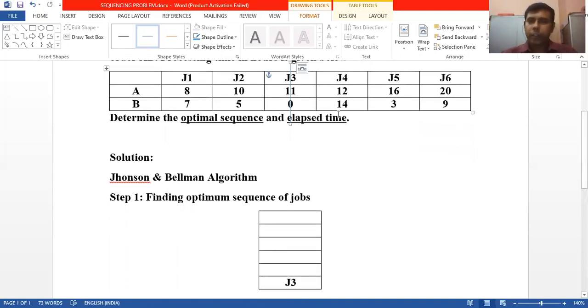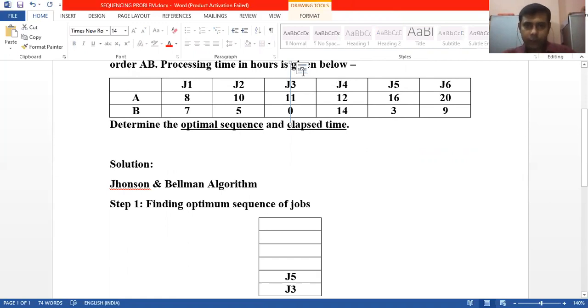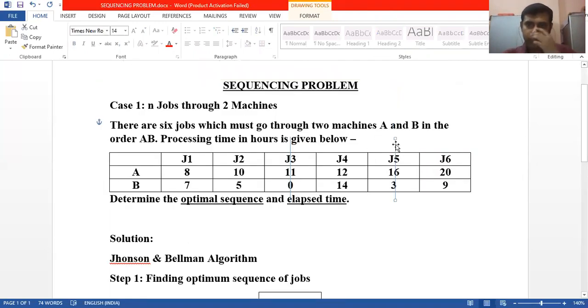Now from the remaining table, find the next least value, which is 3. It is for J5 and it is for machine B. So since it is for machine B, the entry will take place from the bottom. So I'm entering J5. Again, once you have written J5, cancel it.